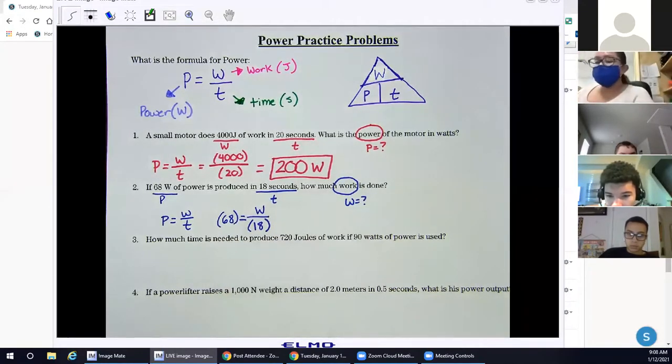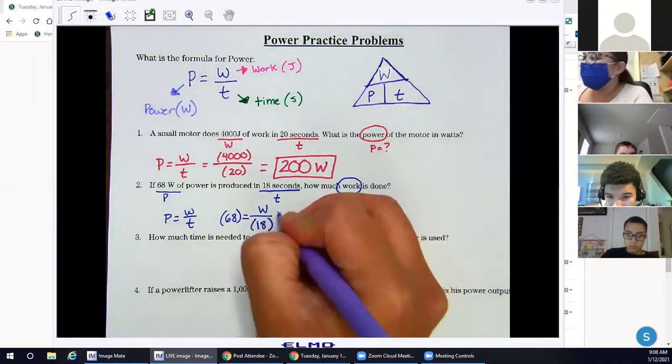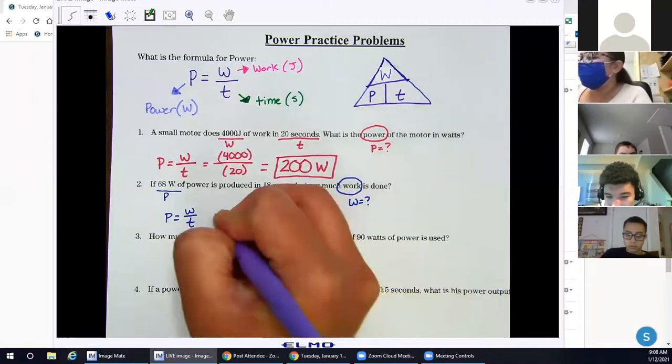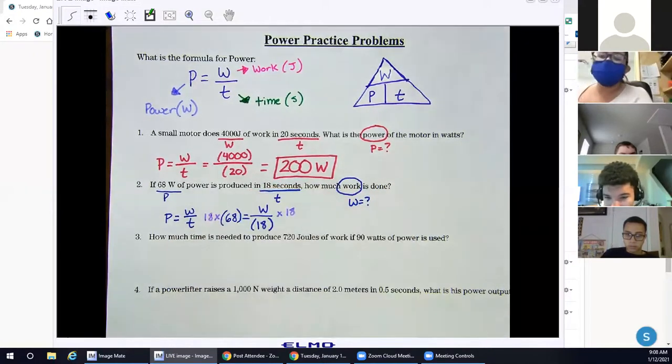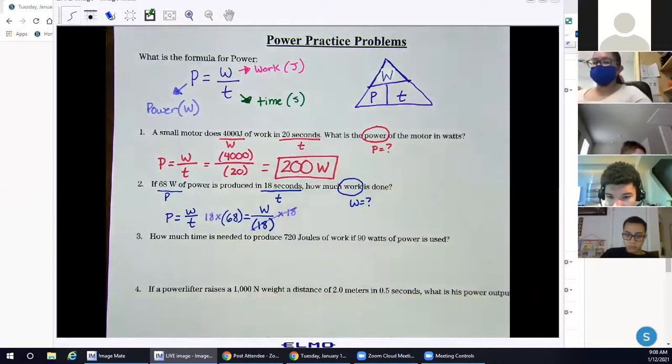So to solve this problem using algebra, you need to get rid of this 18, and you're going to do that by multiplying both sides by 18. Since it's divided, you multiply, you do the opposite. That cancels out 18 on your right, so now you have 18 times 68. That's 1,224.